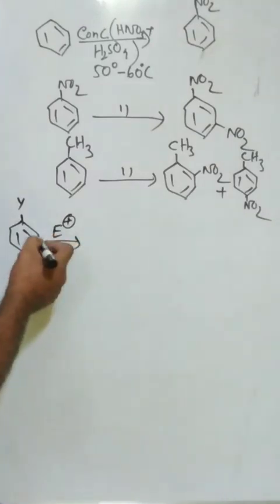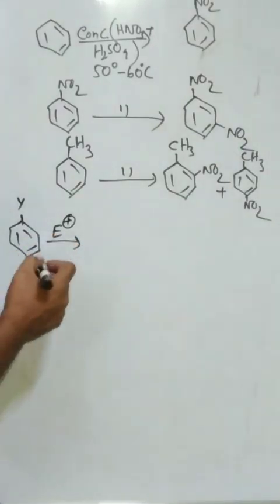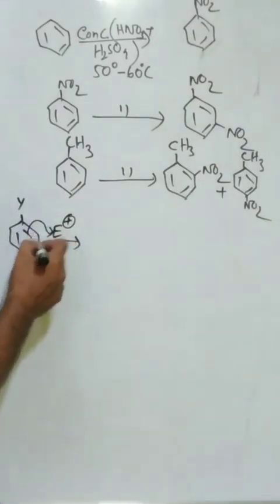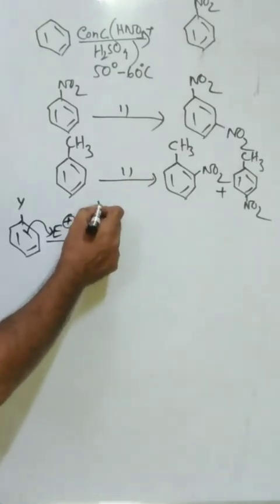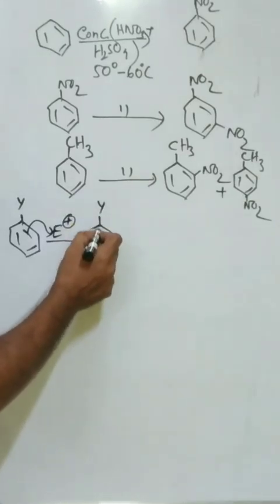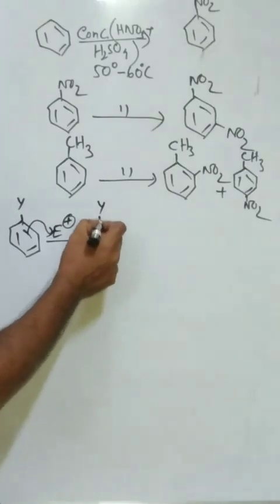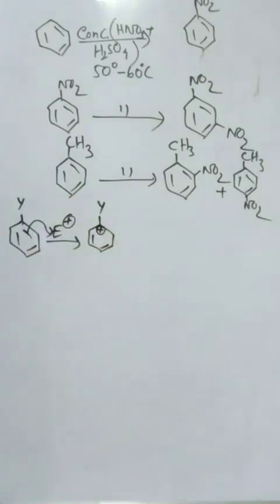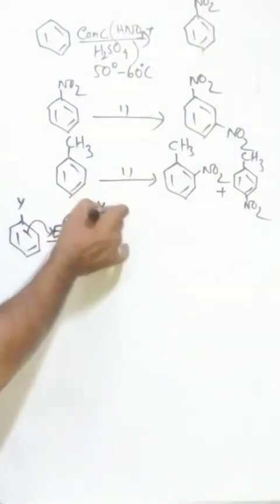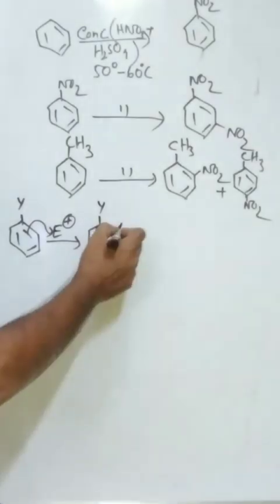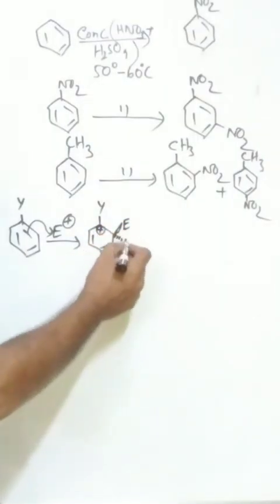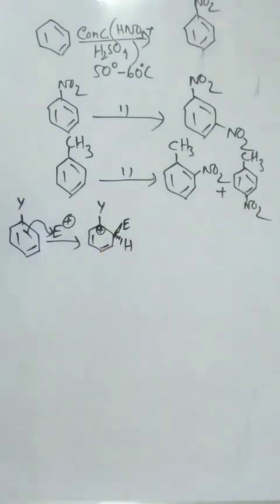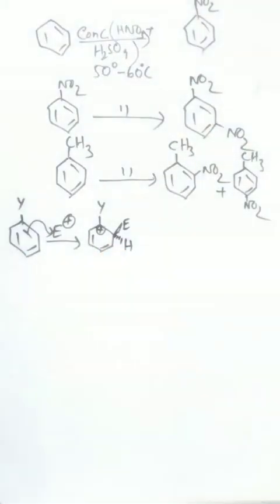If it comes in the ortho position, then the pi bond attacks this electrophile to form this cation. The positive charge comes over the carbon which is bearing the substituent already present. Now this electrophile comes above the plane, and the hydrogen which was already present goes below the plane of the benzene ring.